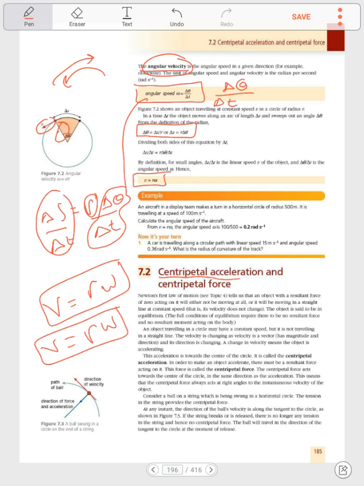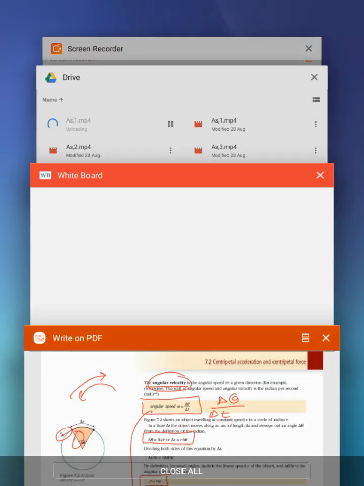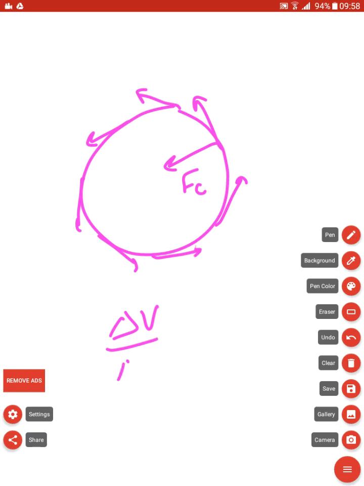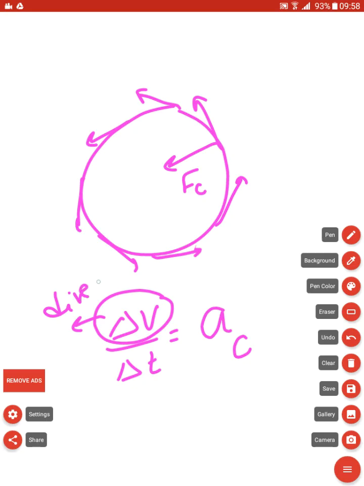Now, what are the centripetal acceleration and centripetal force? If an object moves in a circular path like this, we have a force toward the center, because we have constant speed but changing velocity. If we have a changing velocity per unit time, we have acceleration. This acceleration is toward the center because the change in velocity is due to its direction, not its magnitude.